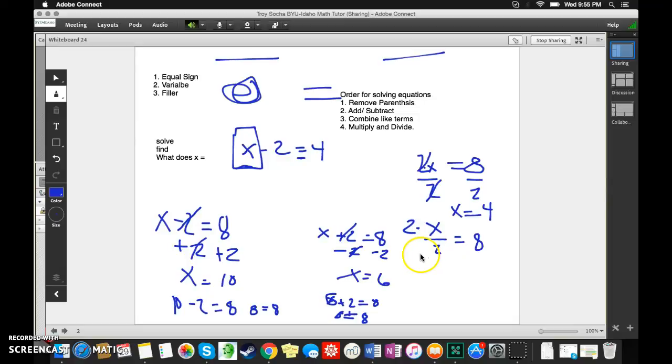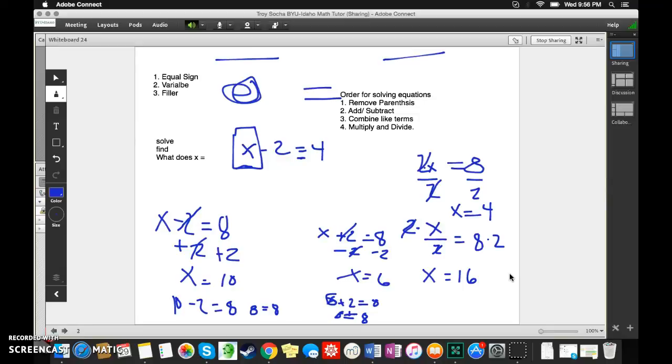We're going to multiply by whatever's on the bottom, cancel it out, and multiply on this side, because whatever you do to one side, you have to do to the other. That's the rule of equations. So now we're going to get x equals 16. And if you take 16 and divide it by 2, it will in fact equal x.